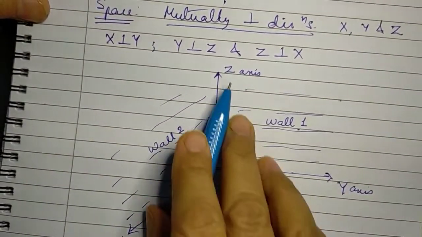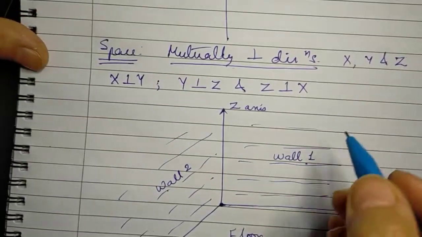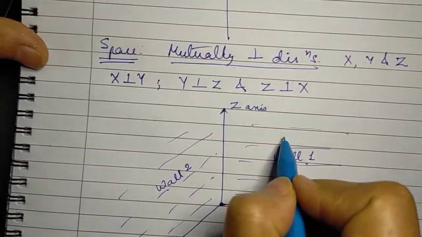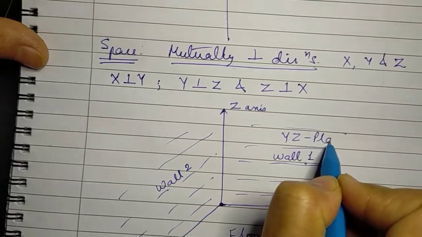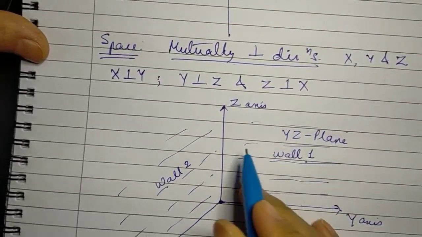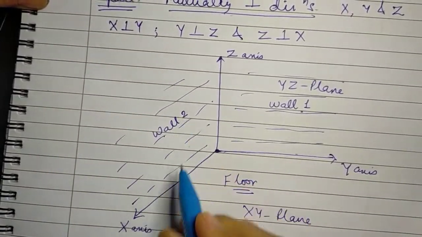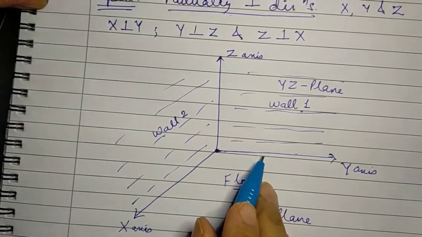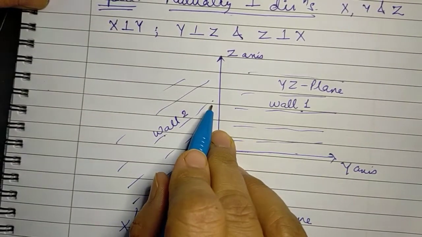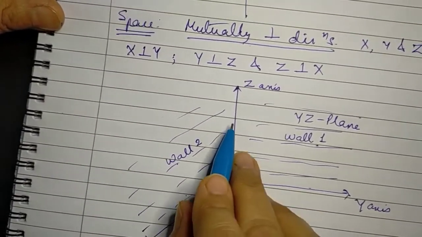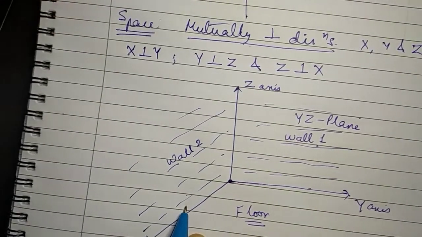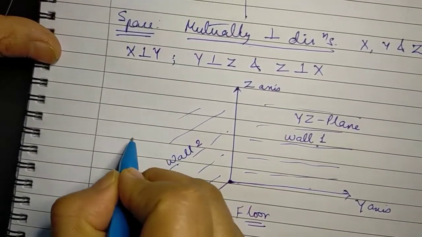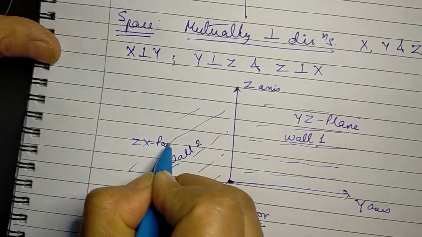The plane bounded by the y-axis and the z-axis is called the yz plane, and we always move in the anti-clockwise direction. So xy plane, this is the yz plane, and the plane bounded by the z-axis and the x-axis is called the zx plane.